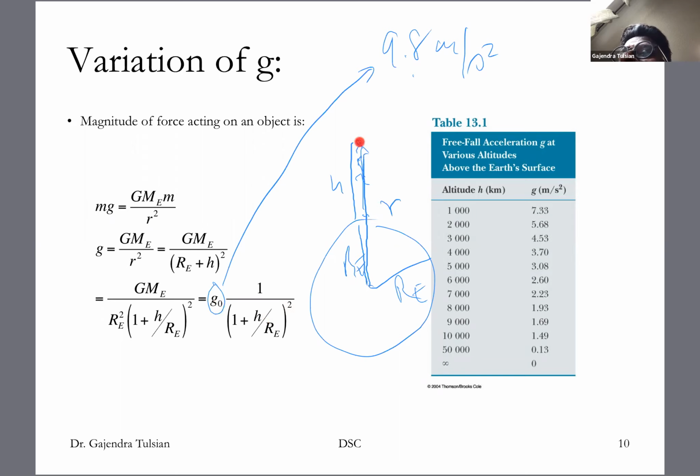So 4,000 miles above the surface of the Earth, g will be about 2.5 meters per second squared. 4,000 miles, like I said, is roughly 6,000 kilometers. Anyway, this gives you g as a function of altitude. And of course at infinity g is 0.